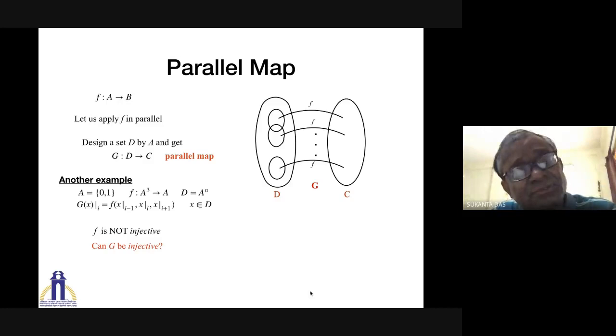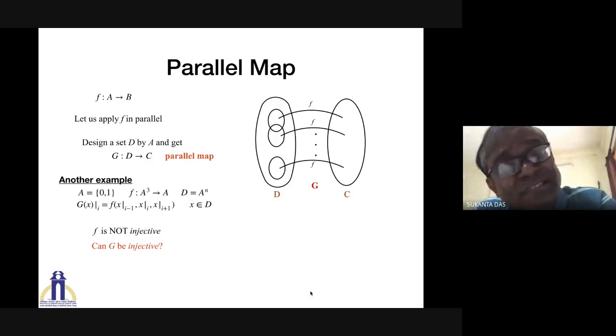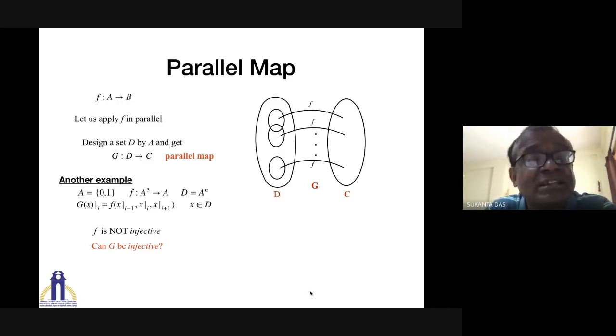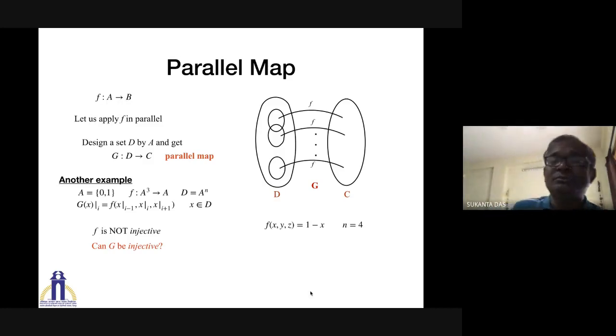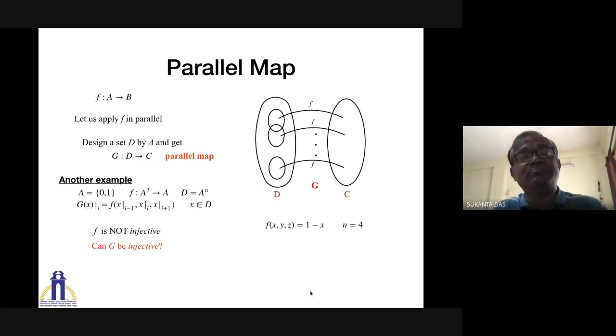Can G be injective? In the previous slide, we have seen that if f is injective, then G was also injective. But here my definition of G is a bit different. I'm considering some overlapping. Can G be injective? Take some special example.